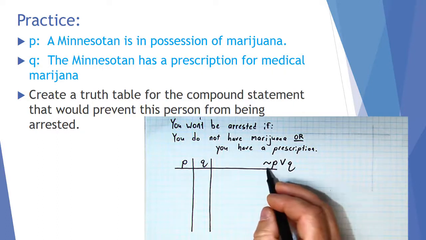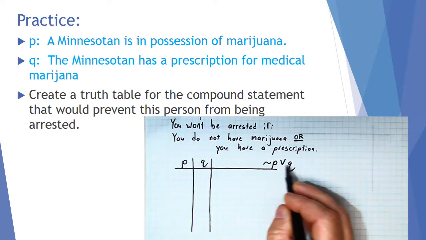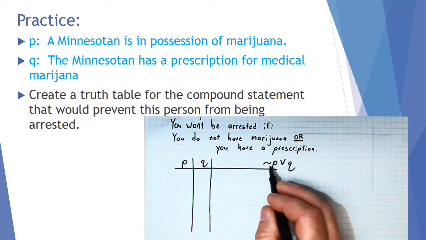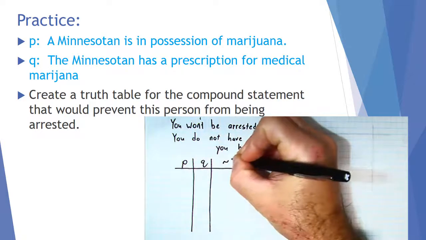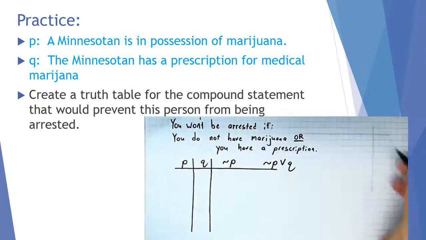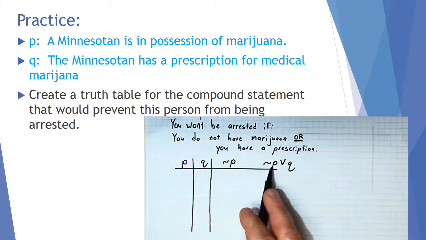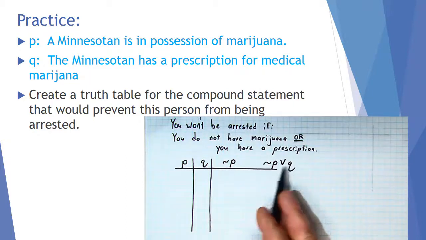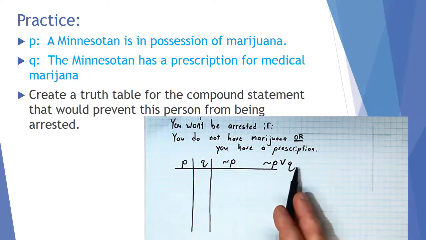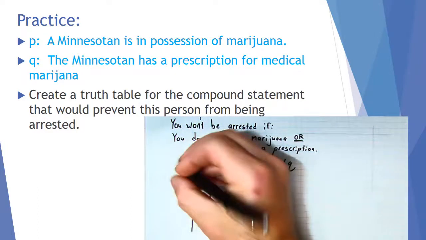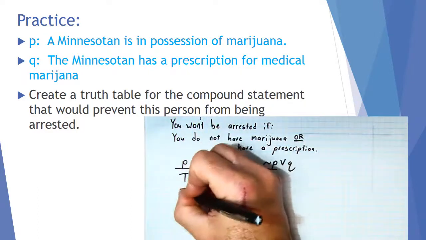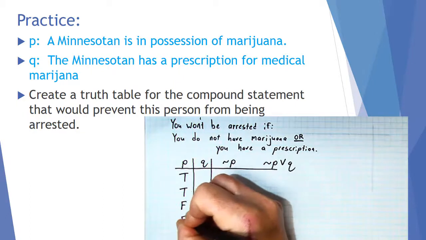Now, we want to build that compound statement, not P or Q, but before we can build not P or Q, we need to have a column for not P. And now we can look at whether we have not P or we have Q. So these are the four columns we need this time. We're of course going to have P and Q, and we'll have our typical combinations here.